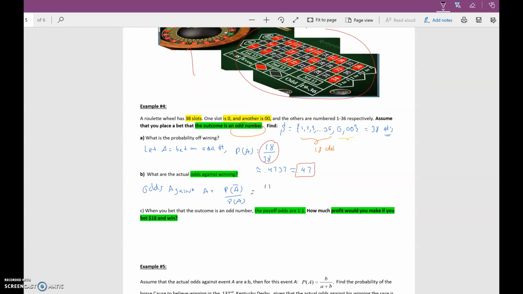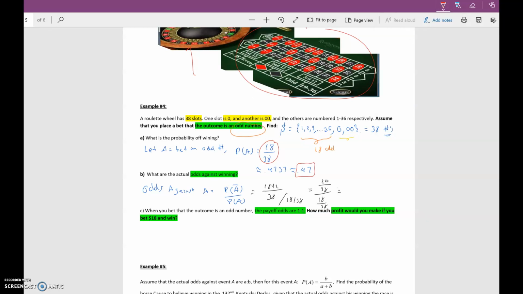So you have 18 plus 2 over the total sample space of 38, over the probability of winning, which is 18 divided by 38. Your fraction is going to look messy. This is 20 divided by 38 over 18 divided by 38, which is going to simplify to 20 divided by, hold on, this is a little bit messy.